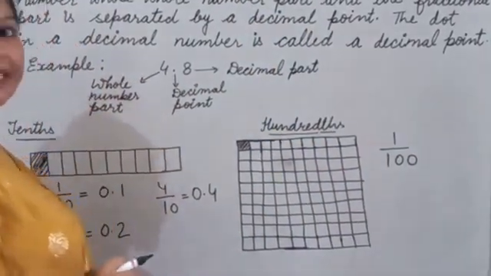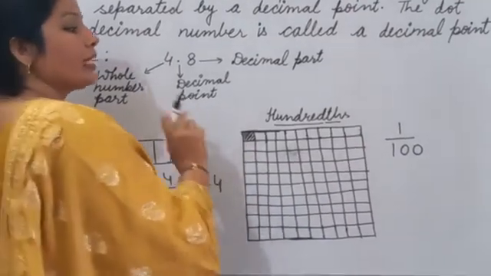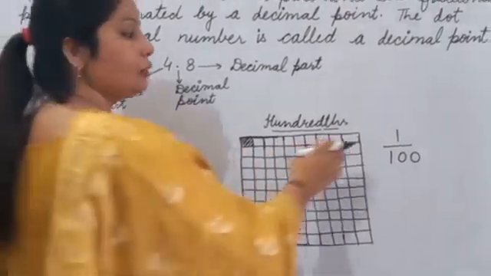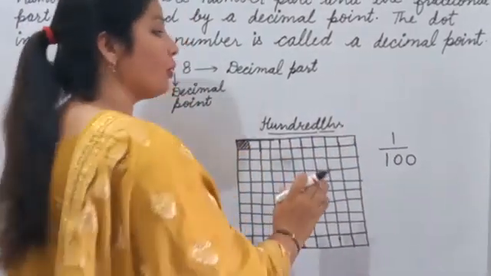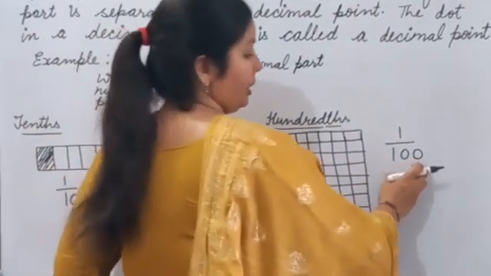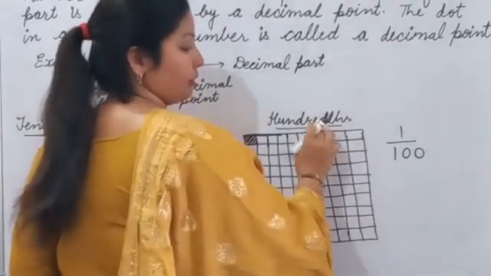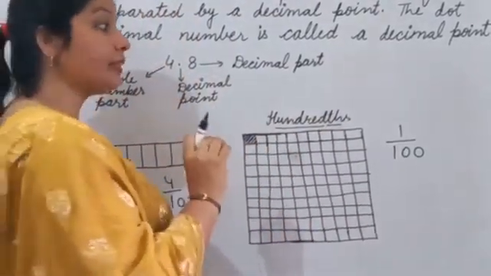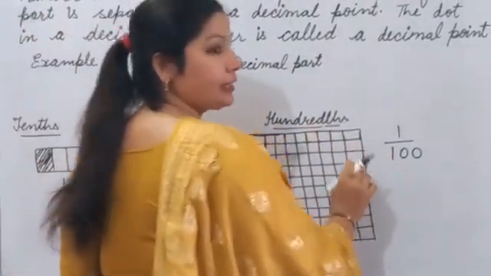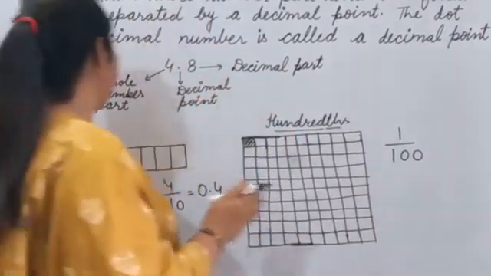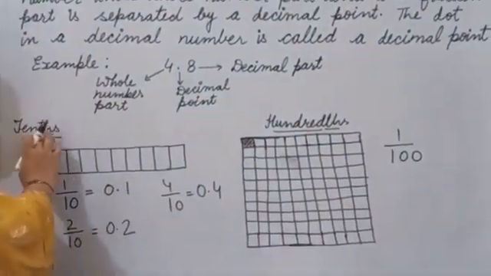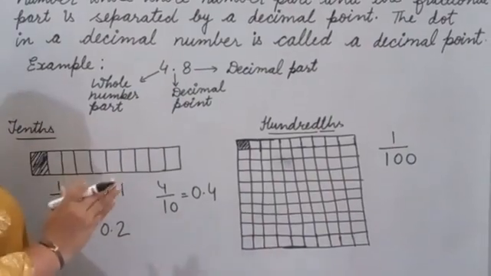When in the numerator we have 1, we call it only by the denominator, and with the denominator we use th, as hundredths. Okay, we don't call it 100, we call it hundredths. Hundredths means 1 upon 100. Tenths, T-E-N-T-H-S, means 1 upon 10.